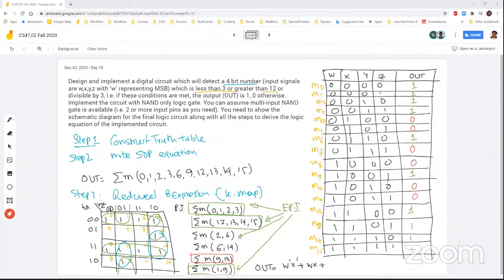Then about this one, right? 2, 6, we are making them 2, 6.